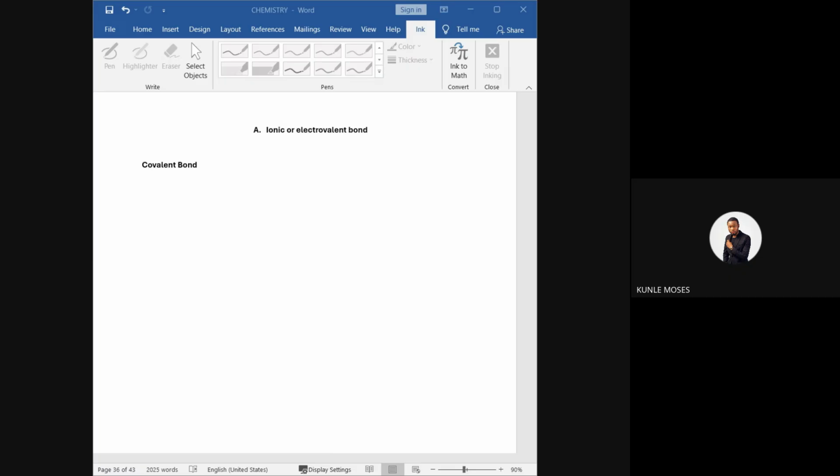Hello? You guys are not here. In ammonia, nitrogen and hydrogen are there. Do you know it is not a dative bond? Who can tell me? It is covalent bond, right? So now in NH4 plus, it is no more covalent bond, it is dative bond because of the presence of the hydrogen ion.